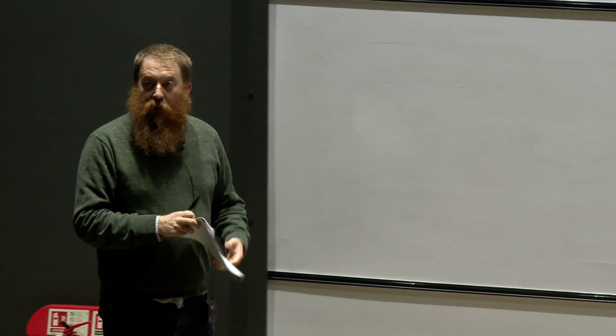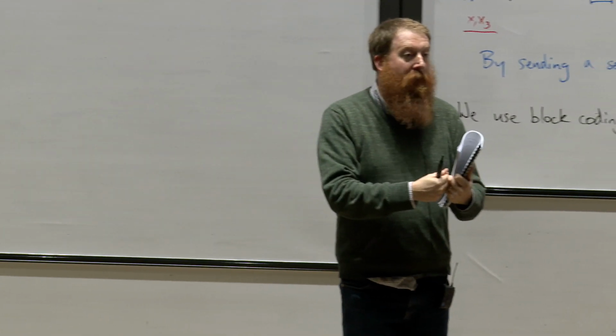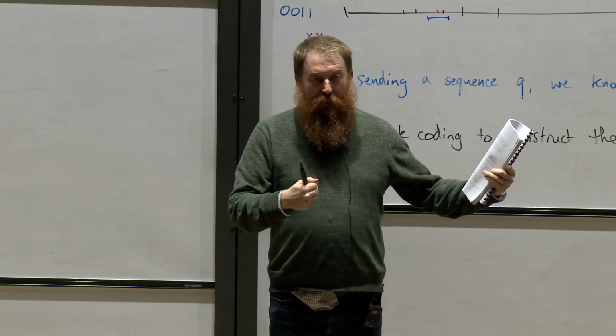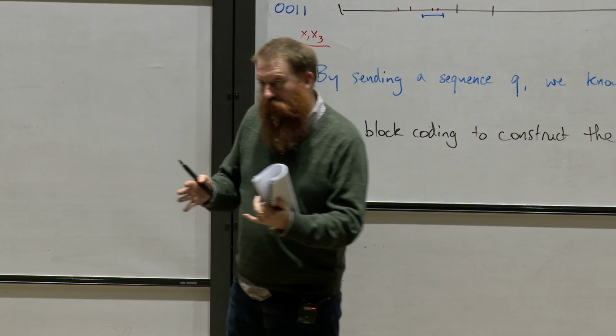So the last type of code I want to talk about is what's called variable to fixed codes. So far we've been looking at fixed to variable codes, where I give you a fixed length of a block, and then you return to me a string in the output alphabet, which is arbitrarily long. Now this is nice.